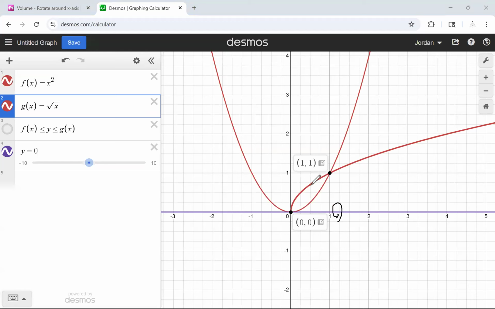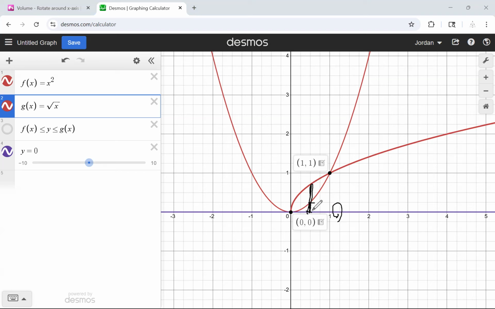As we rotate it around the x-axis, you'll notice that, again, in this region, my outside rectangle is going to go from the square root down to the x-axis. My inside rectangle goes from y equals x squared down to the x-axis. So outside goes from square root to the x-axis.